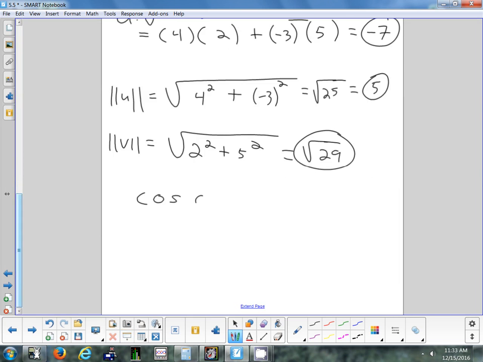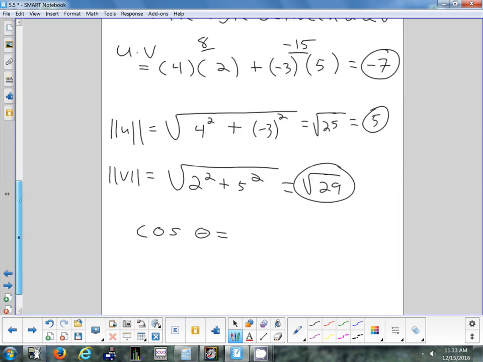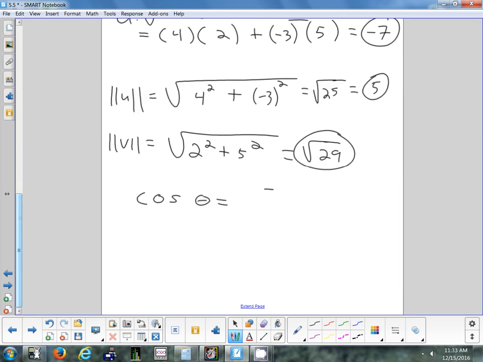All right, so the cosine of my angle equals the dot product divided by the product of the magnitudes. As far as doing this out, I don't care what this is. Don't even waste time doing this out. But I do have to do something now to get theta by itself.